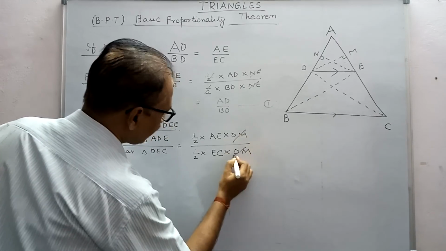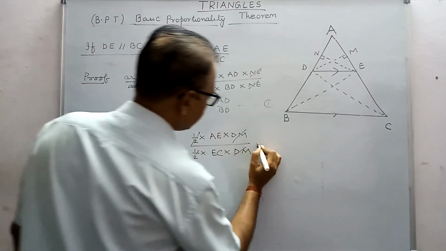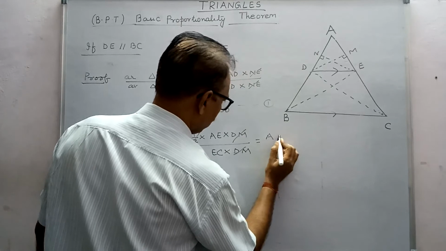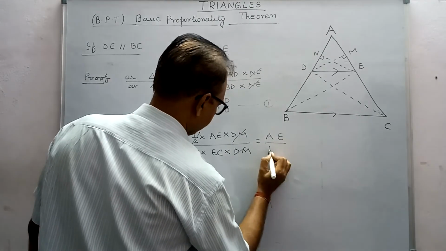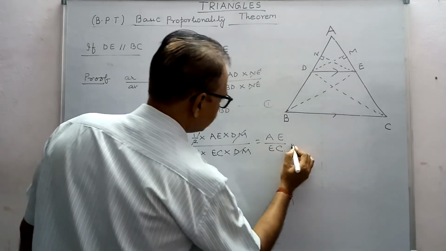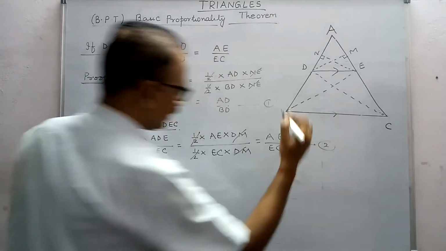Similarly, DM cancelled, half cancelled, so that is equal to AE upon EC. This can be considered as relation number 2.